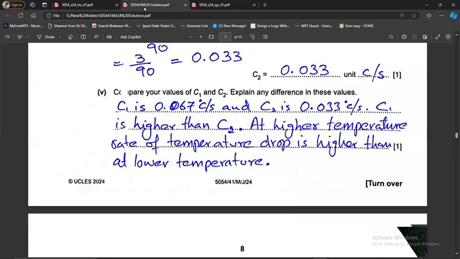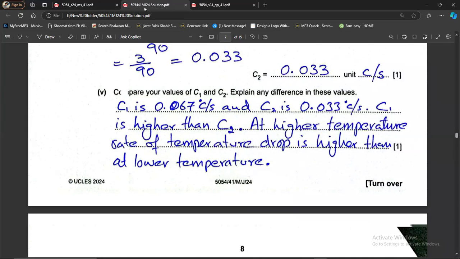You know, the rate of the temperature drop depends upon the temperature difference between the hot water and the surrounding. So when the water was at 72 degrees centigrade, the temperature difference between the hot water and the surrounding is larger. So the rate of the cooling is also faster.